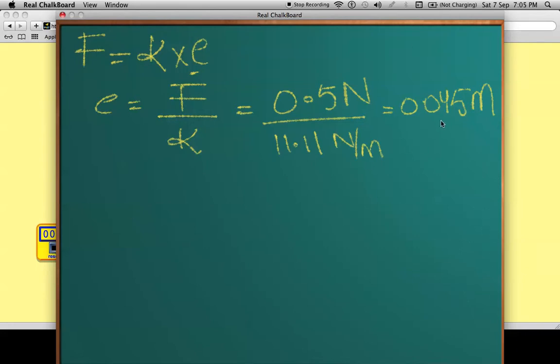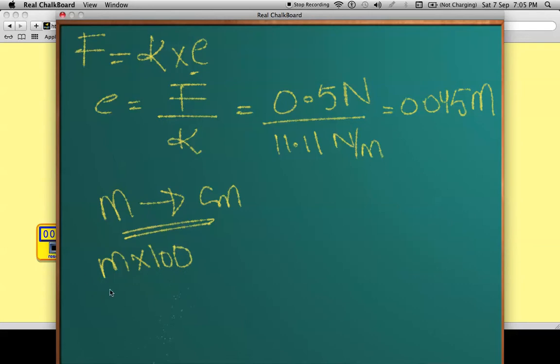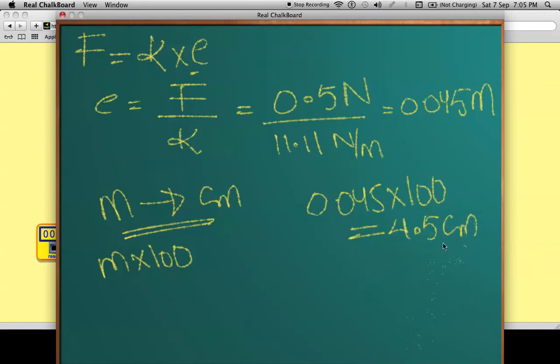Which if I multiply by 100 to convert it into centimeters, because my scale is in centimeters, so I will have to multiply this by 100. So if I multiply 0.045 by 100, you can see my answer would be 4.5 centimeters. So my extension is 0.045 meters, or 4.5 centimeters.